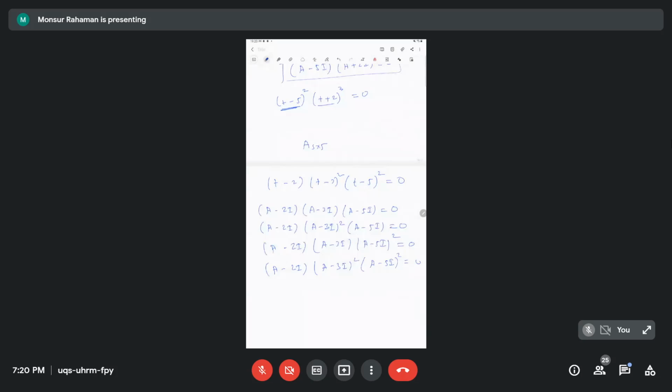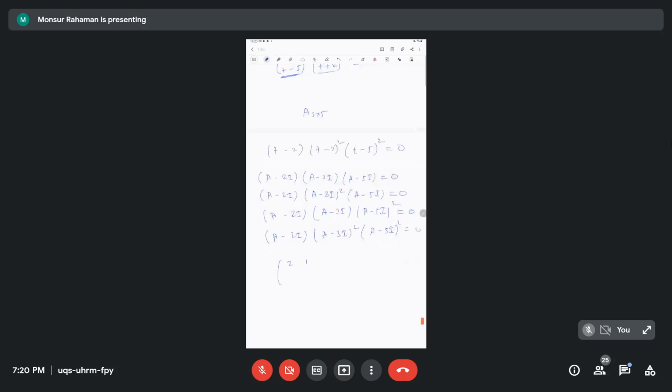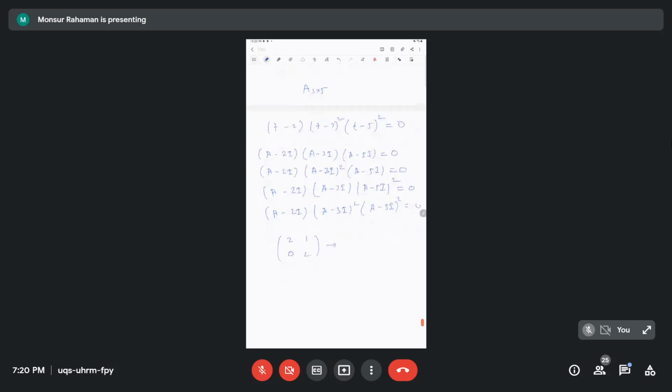Anything could be. The minimal polynomial is the one the matrix satisfies, so it obviously depends on the matrix. Like this matrix 2 0 2: the characteristic equation is t minus 2 squared equals 0.